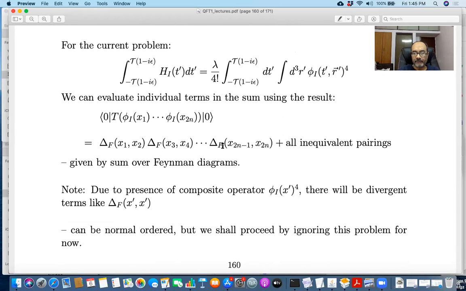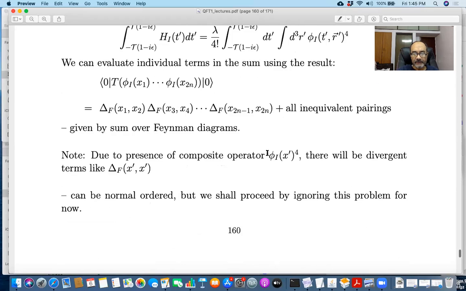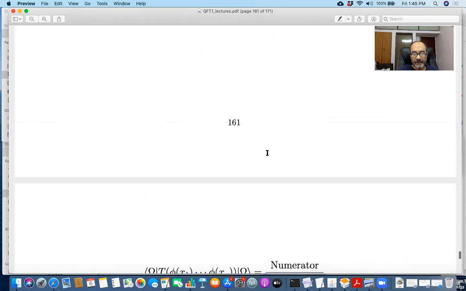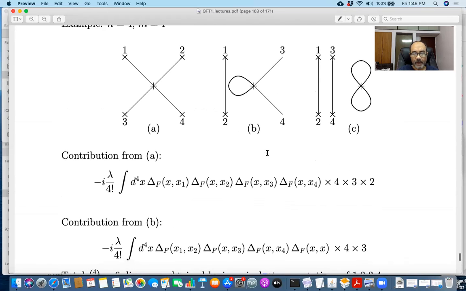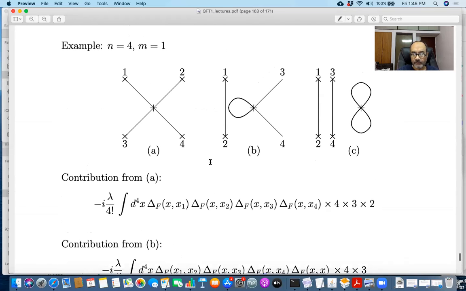This is where the diagrams came from. Here, if some of the x's are equal, you still have to include the separate contribution from those, even though the terms themselves may be equal. Because of this, the same diagram may appear multiple times, and you have to count how many times it would have appeared.